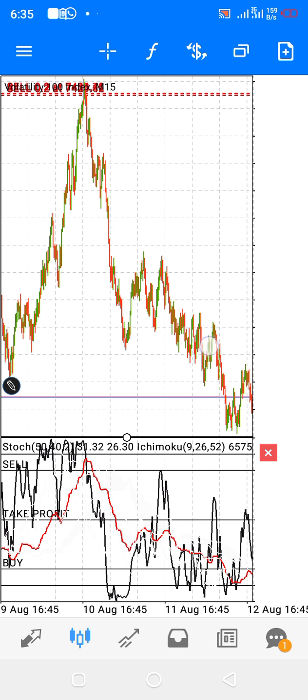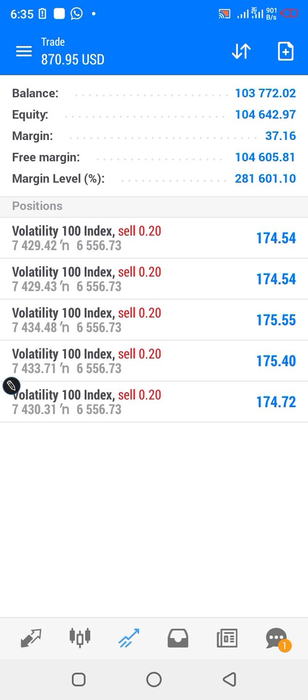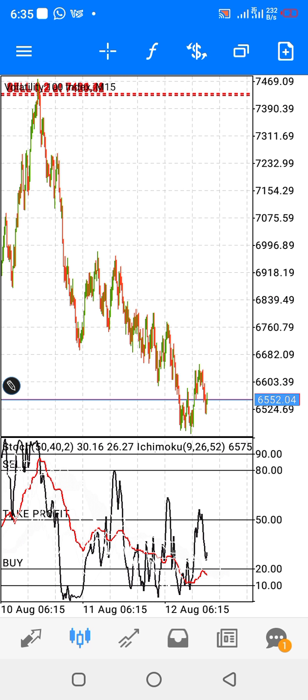Is it 0.2, or did you enter a lot size of 0.01? You have to take all those things into consideration. And then, what is your target?